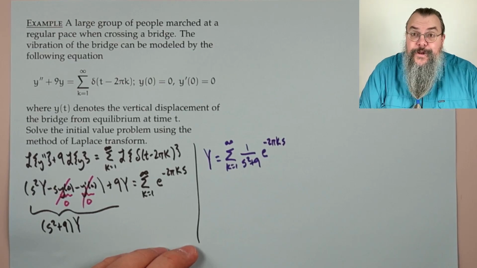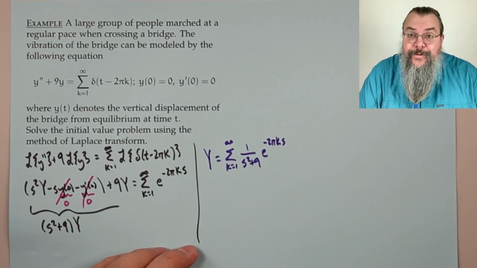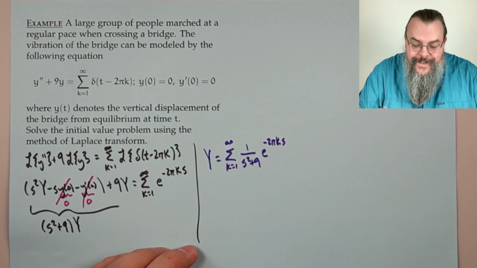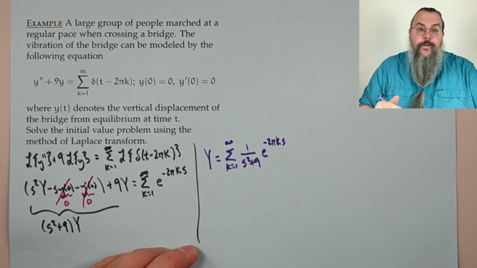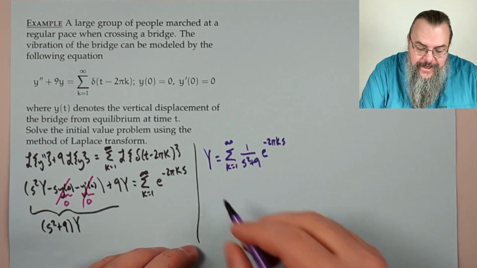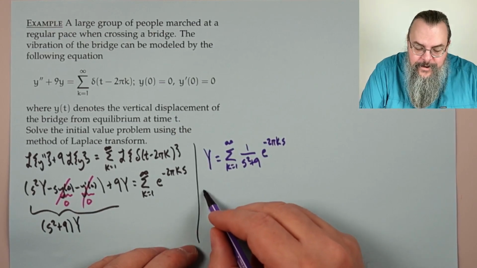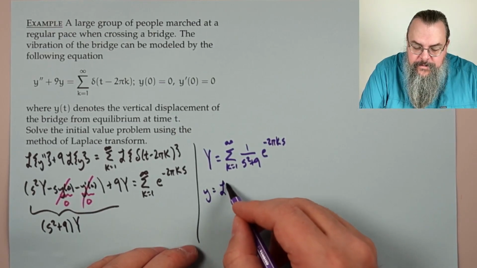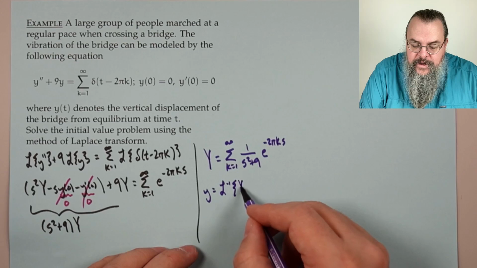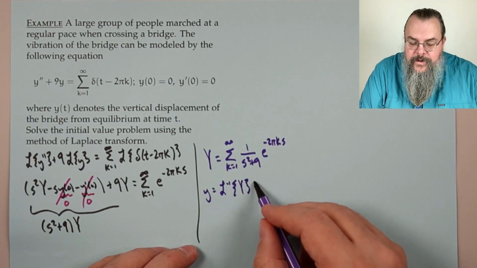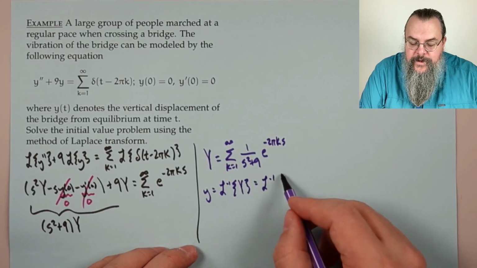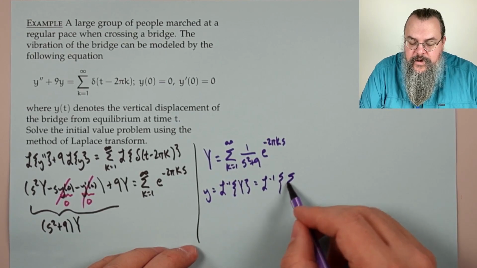And are we ready to do our inverse Laplace transform? Yes, we are. You're like, what? Already? Yeah, isn't it great? Problems don't have to be long, and we enjoy it when they work out, right? So inverse Laplace of our sum.